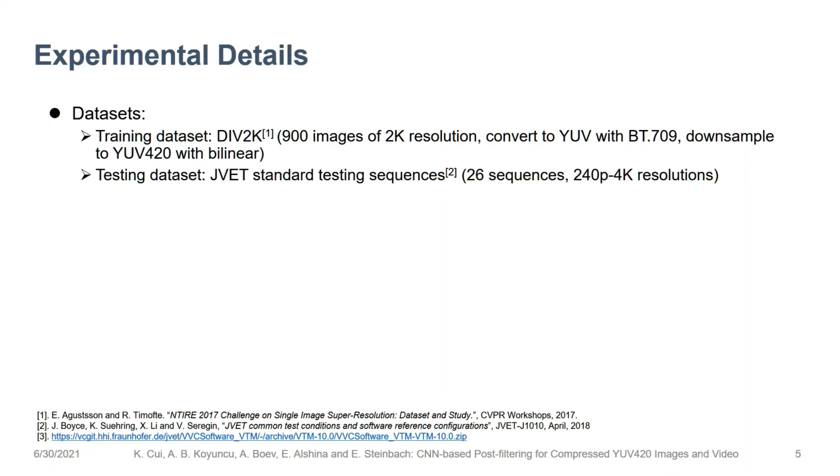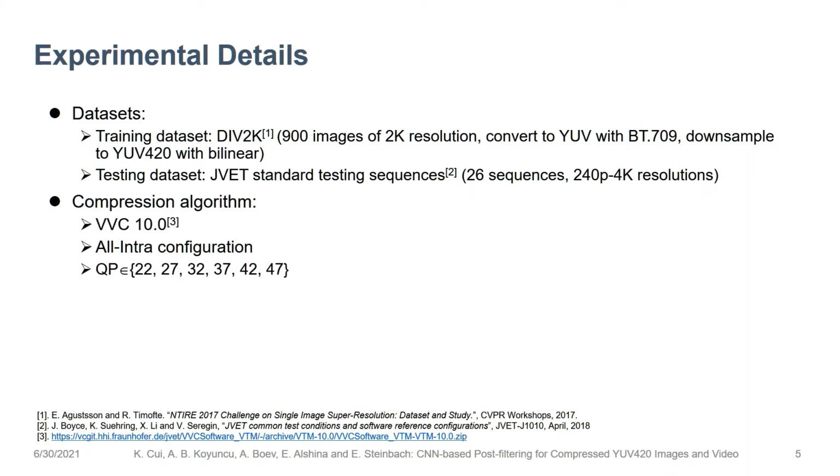For testing, we use the JVET standard test sequences. There are 26 of them, and the resolution ranges from 240p to 4K. For the compression algorithm, we use VTM 10.0 with the all-intra configuration, and the quantization parameters are set to 22, 27, 32, 37, 42, and 47.